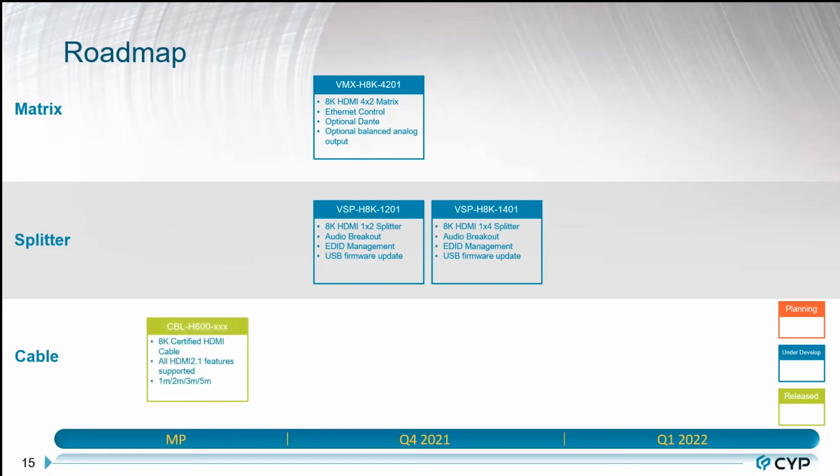We also have the 8K certified HDMI cable, which supports all HDMI 2.1 features. And now we are planning to develop an 8K HDMI LC module with a fiber cable line. In the following slides, we will introduce these products in detail.